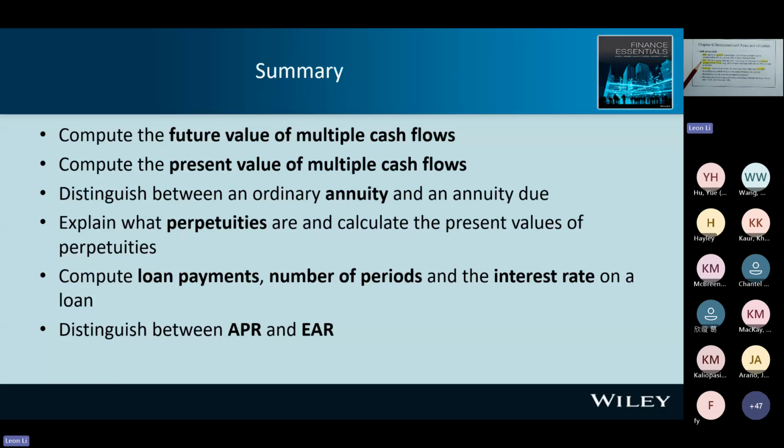Then EAR, effective annual rate. EAR is a rate on an annual basis that reflects compounding effect. For example, 10% compounded quarterly, the EAR is 10.38%. All right, so EAR will be higher.